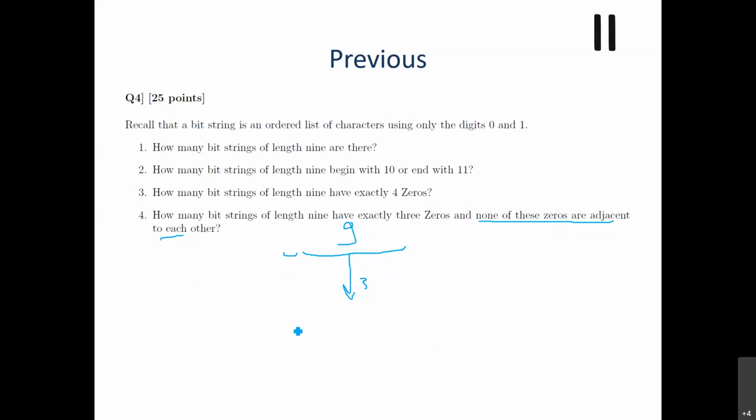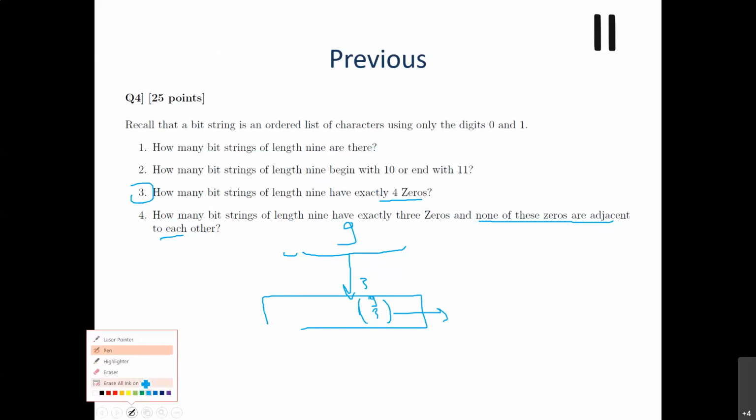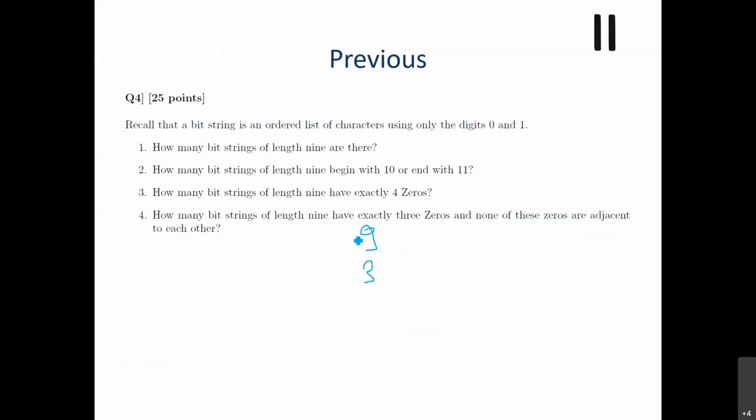Right now it's similar to part 3, but instead of choosing 4, you're choosing 3. So you have 9 choose 3: length 9, exactly 3 zeros.